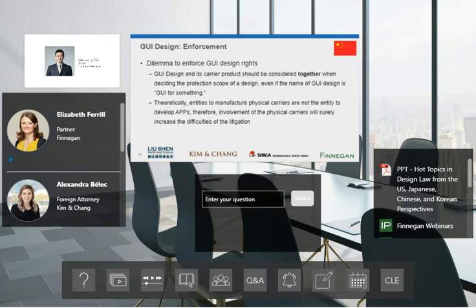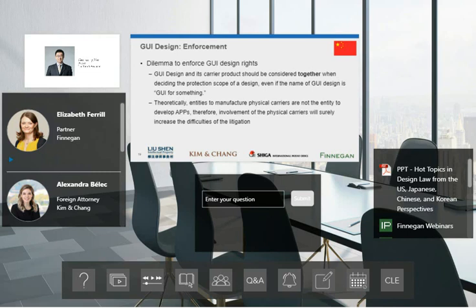And there's actually a dilemma for enforcing such GUI design in China, because although it is GUI design, it can be called something equivalent to partial design. But when we enforce such GUI design pattern, it should be considered together with the whole product.